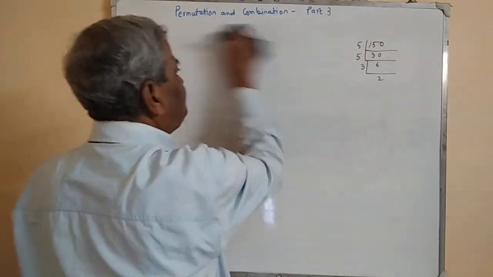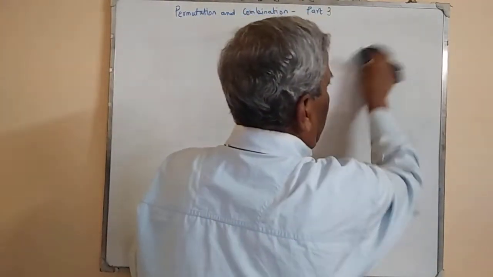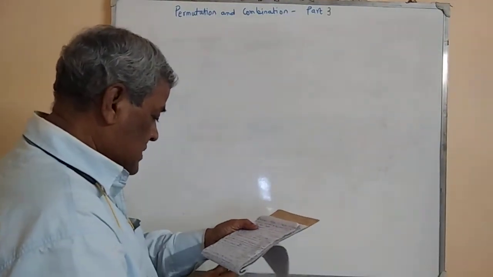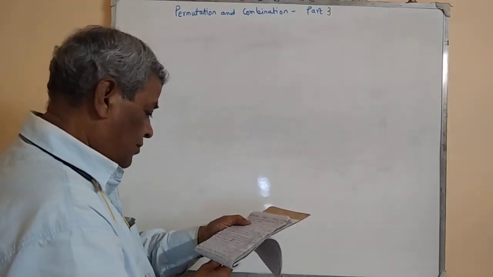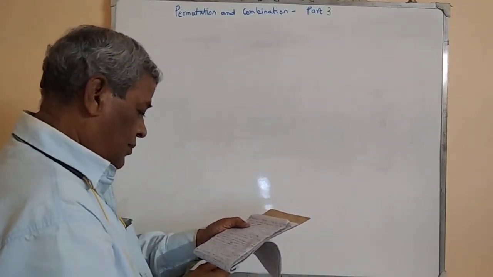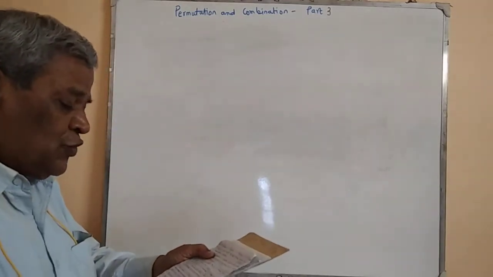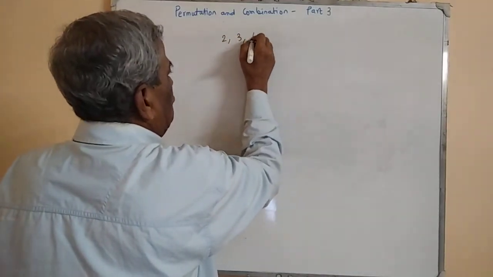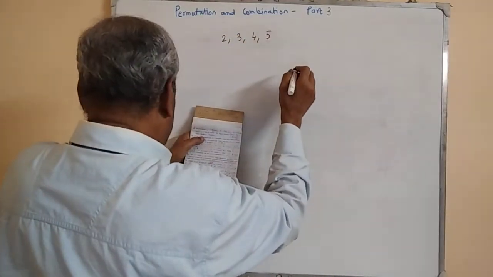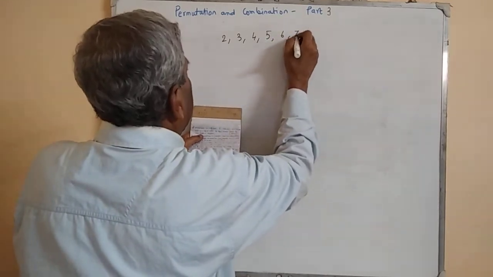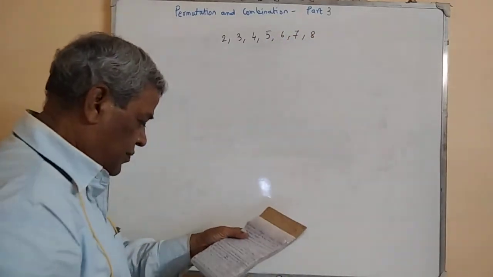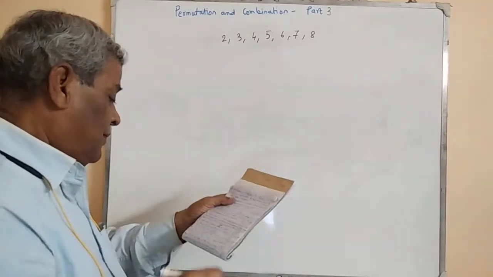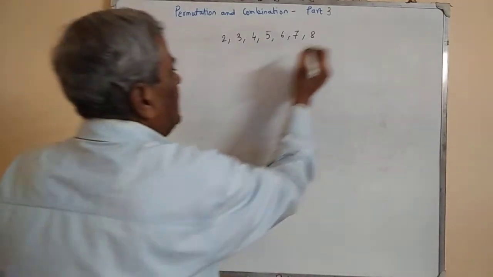Next problem. One 4-digit number is to be formed by using 2, 3, 4, 5, 6, 7 and 8 such that the product of the digits used in the number is divisible by 7.